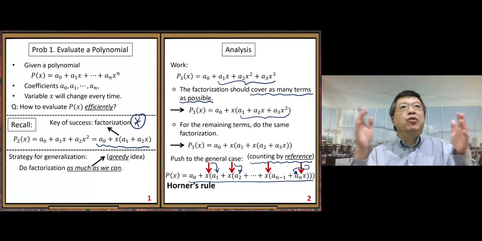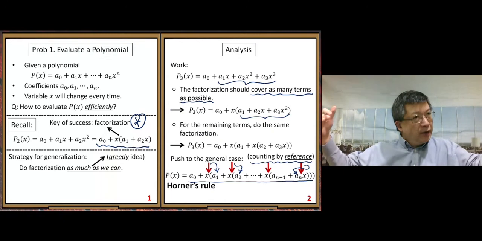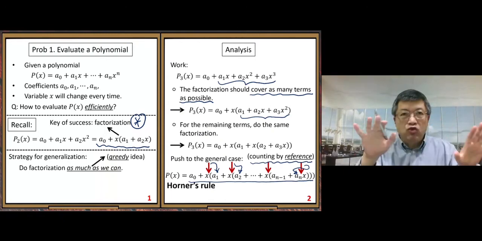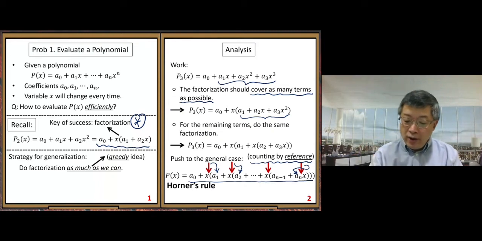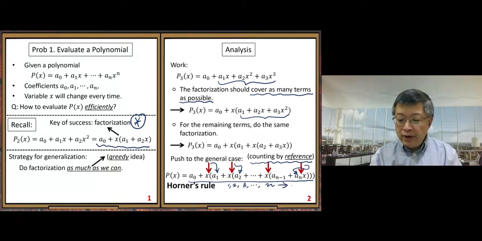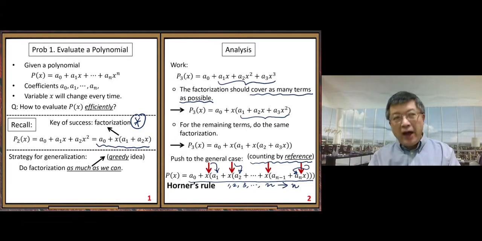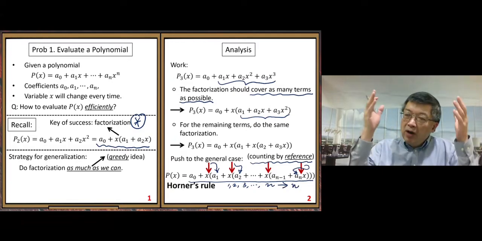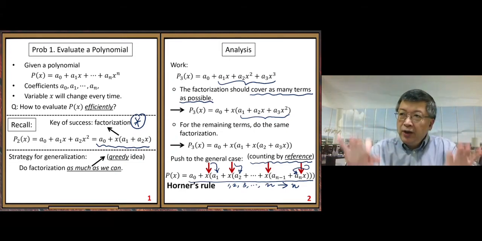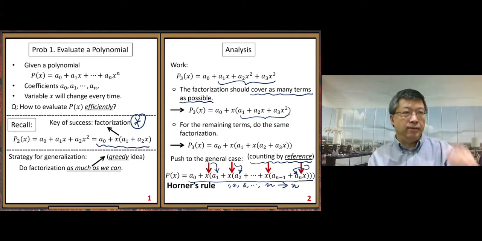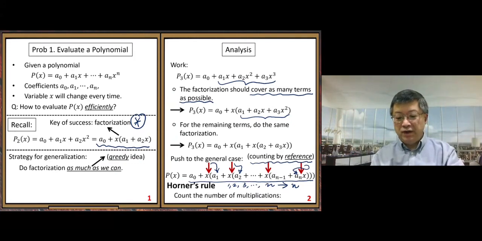This is a one-to-one correspondence. And counting the number of subscripts is so easy, very simple: from 1, 2, 3, all the way through n. So that number is n. Then we can say the number of multiplications used in Horner's rule is n. So we get a conclusion: number of multiplications, n.